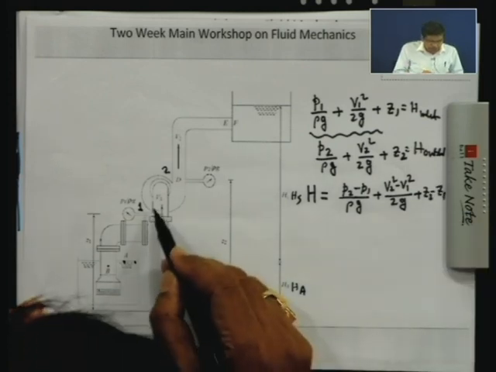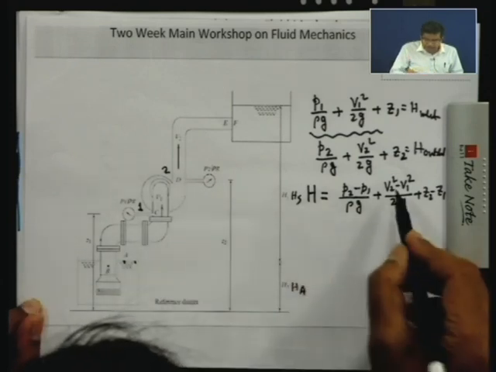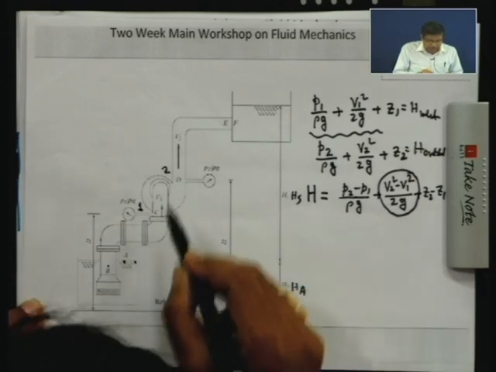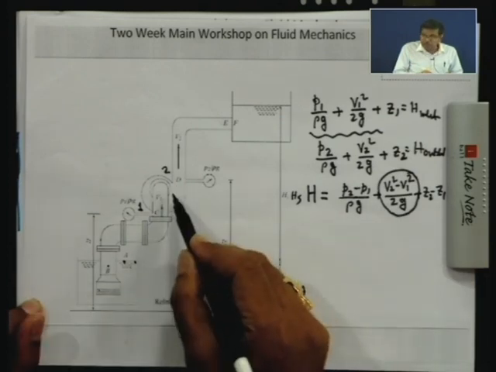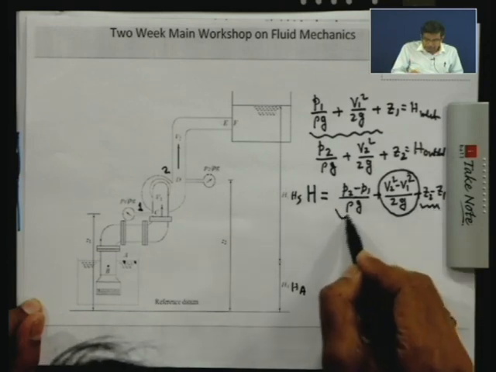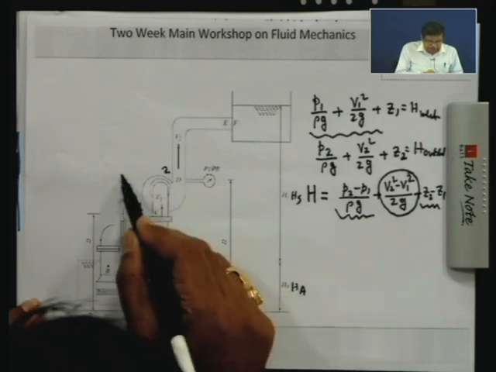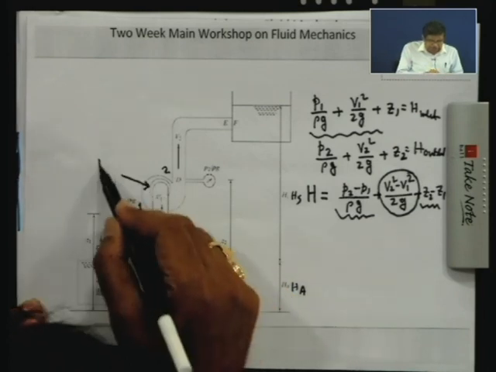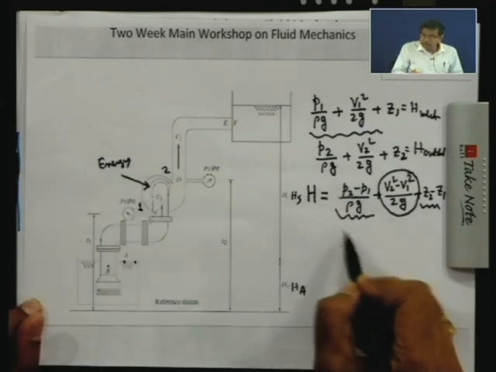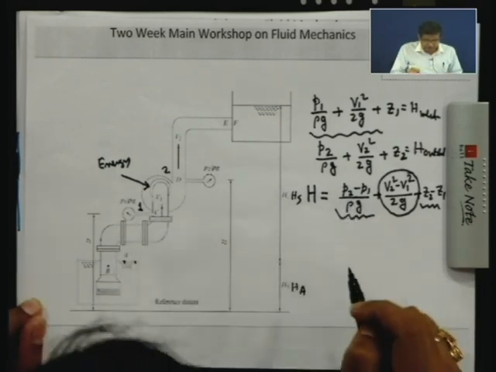Usually, if the pipe cross-sectional areas are almost the same for suction and delivery side, we can neglect the velocity term, and if we neglect the elevation difference between inlet and outlet, then this is the head developed by the fluid while flowing through the pump when it gets energy from the outside. This is the energy given from the outside, that is, the head developed by the pump.